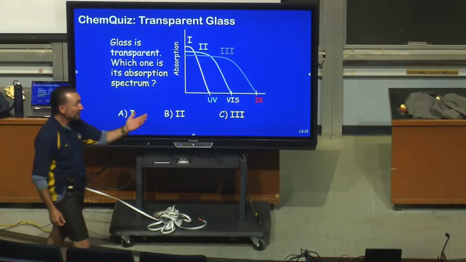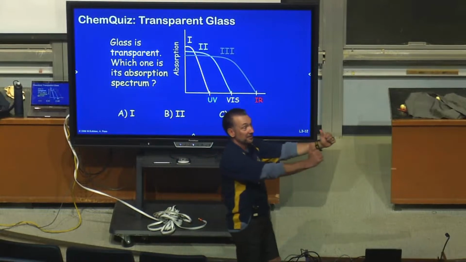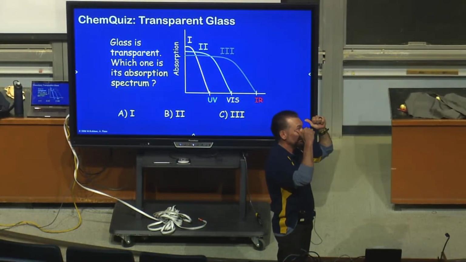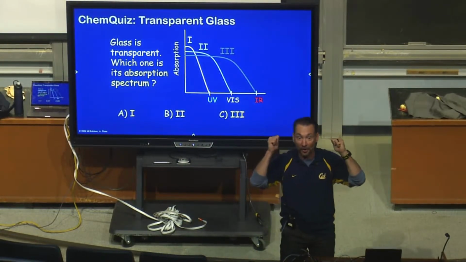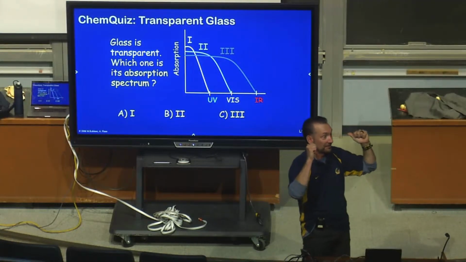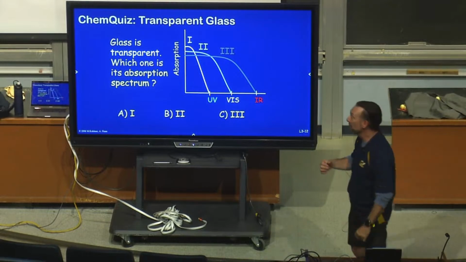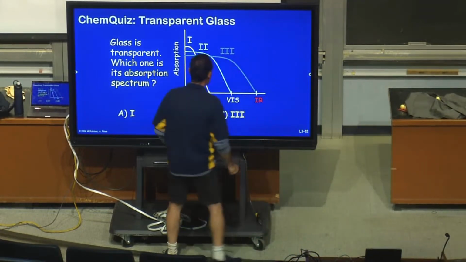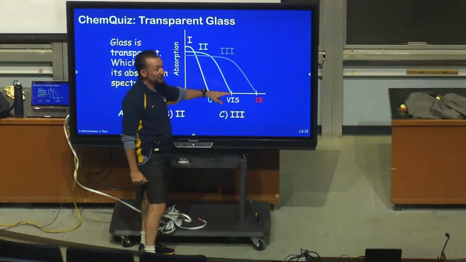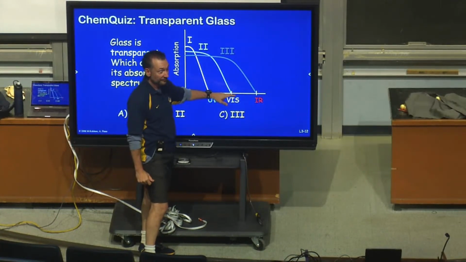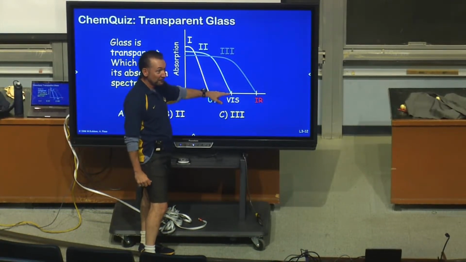That means if I'm on the other side of glass, I see all visible wavelengths. It's not absorbing any of them. So we should look for an absorption spectrum that does not touch the visible. If it absorbed any part of the visible, I would see a color involved.